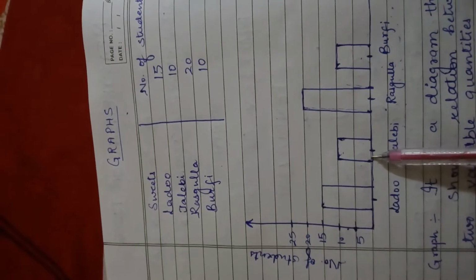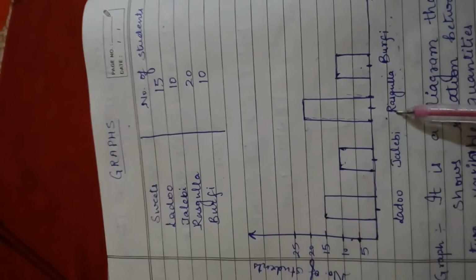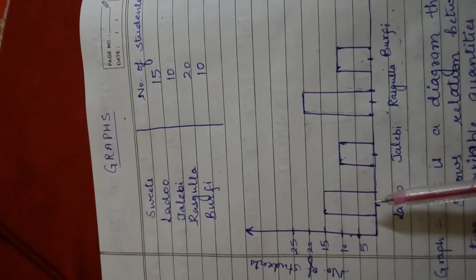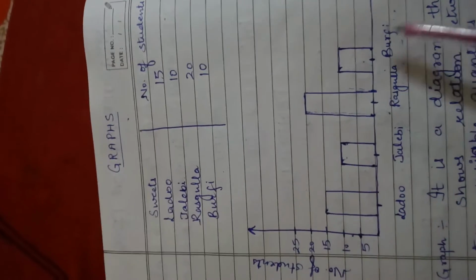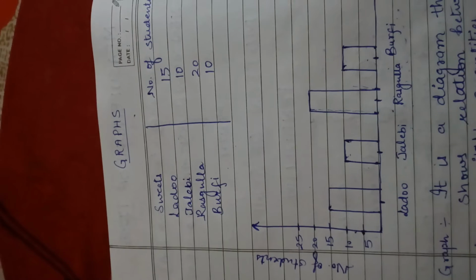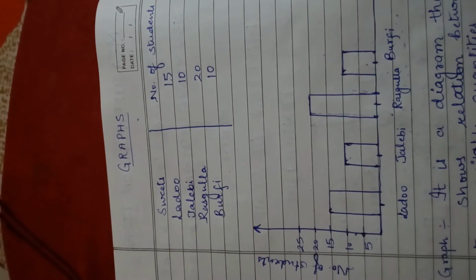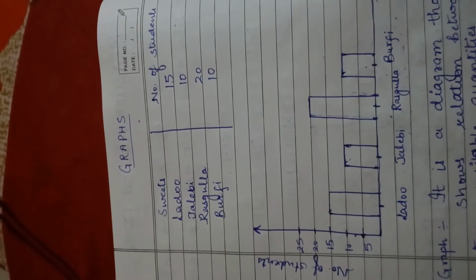Here we can easily get information about which sweet is liked by most of the students, which is rasgulla, and that laddu is liked by 15 students, and jalebi and barfi are liked by an equal number of students. So in this way we get information in a clearer way from the graph.